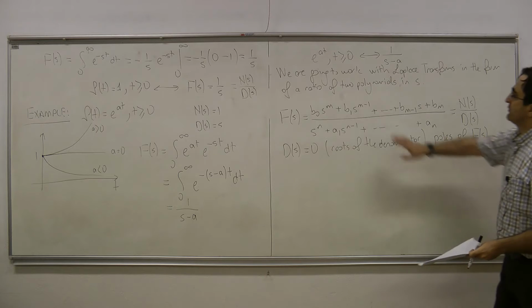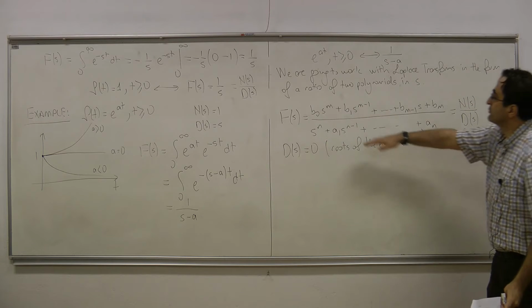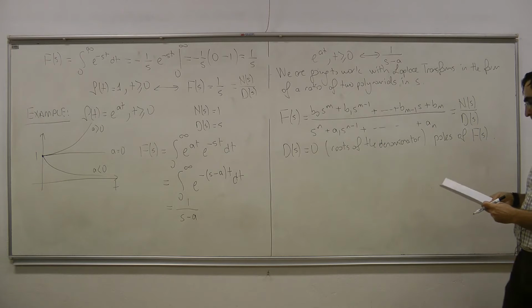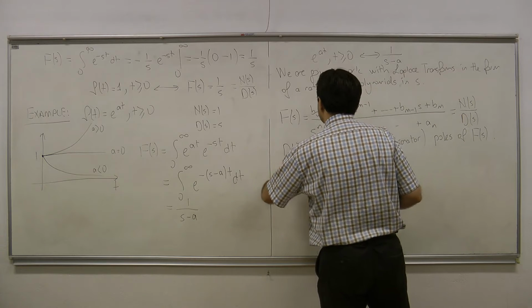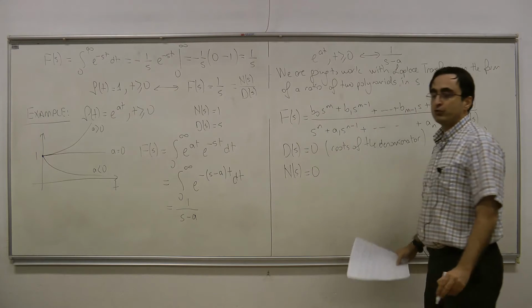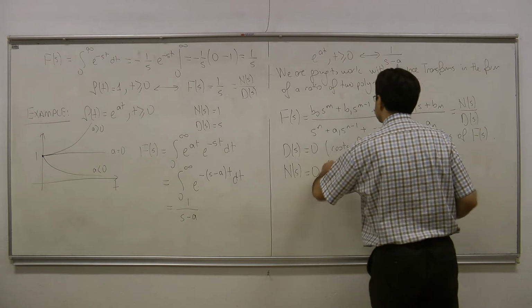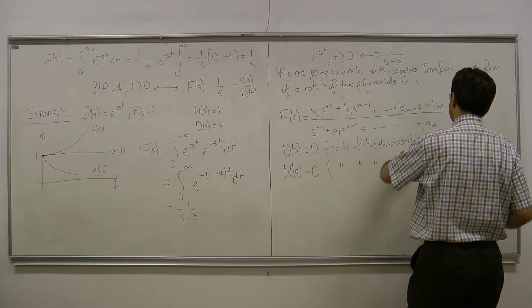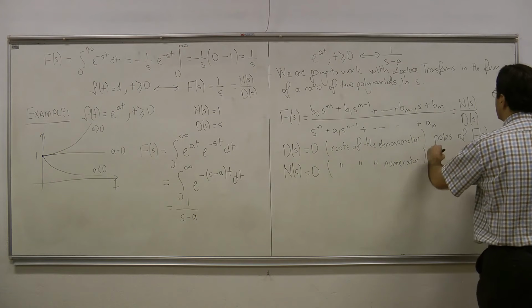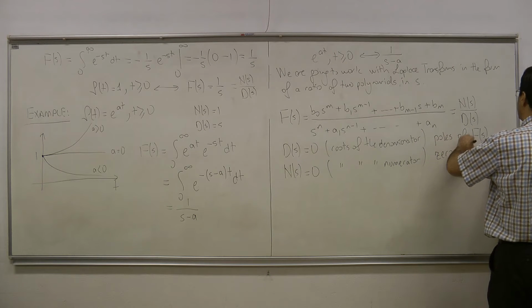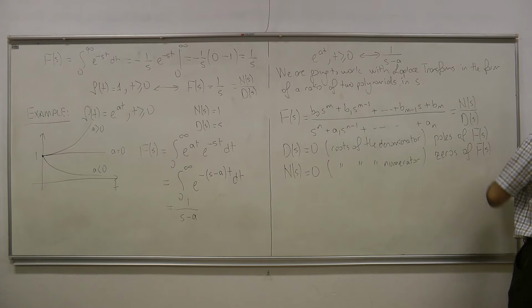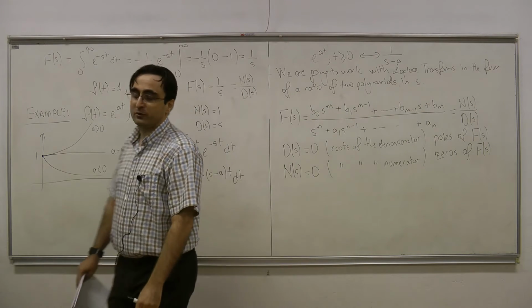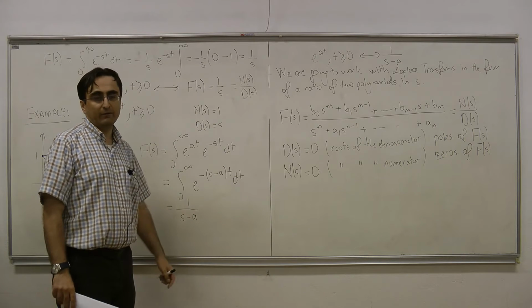Okay? So this is a Laplace transformation, and roots of the denominator polynomial will be called poles of f of s. And when I look at the numerator polynomial, roots of the numerator polynomial are going to be called the zeros of f of s. So think about how many poles and zeros such a transfer function would have.